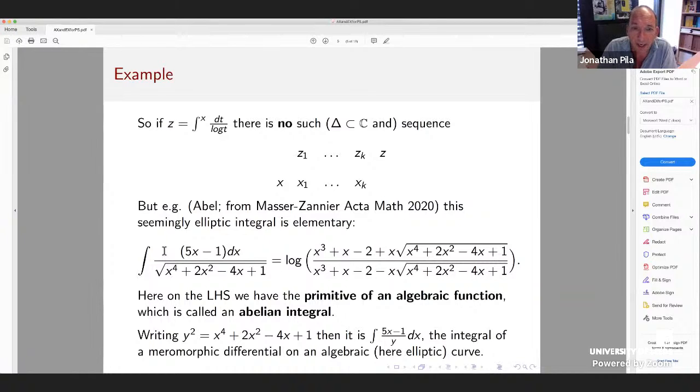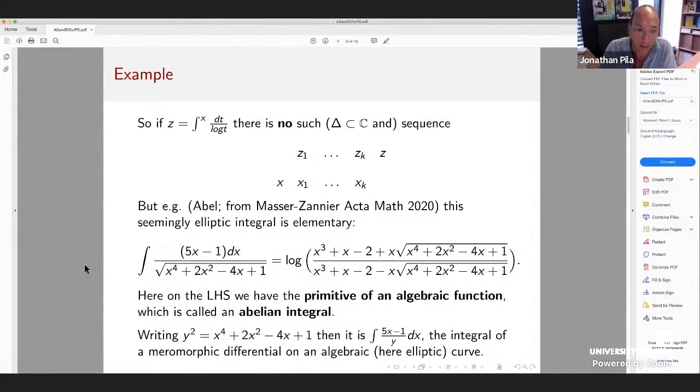So on the left-hand side, we have the primitive of an algebraic function. Such a thing is called an abelian integral. If you write y squared equals x to the fourth plus 2x squared minus 4x plus 1, then this integral is of the form of (5x minus 1) over y dx. It's the integral of a meromorphic differential on an algebraic curve.